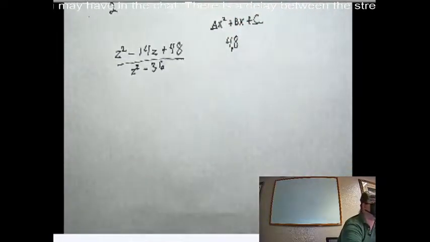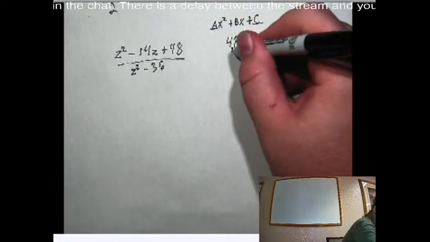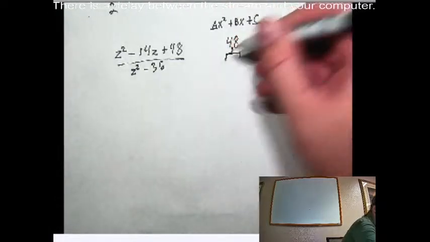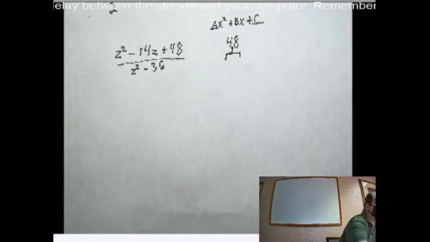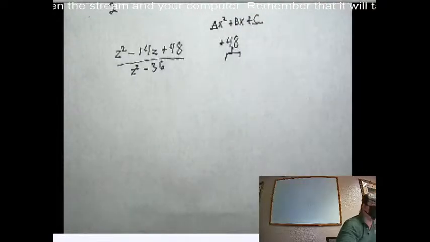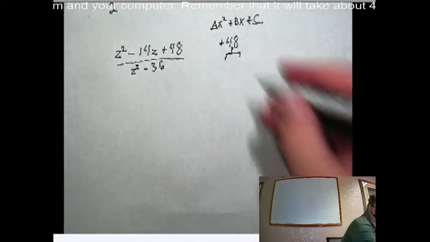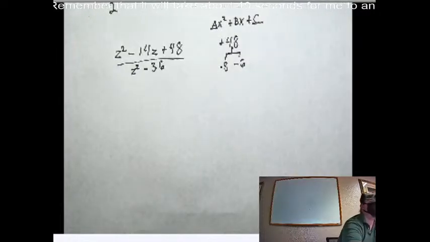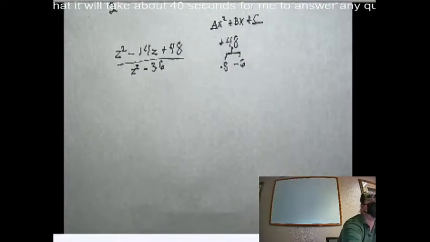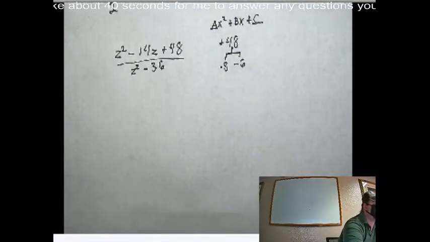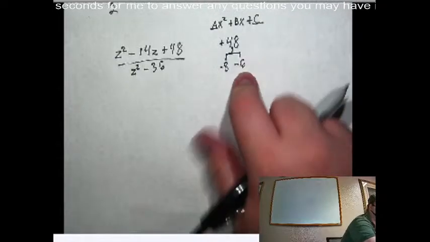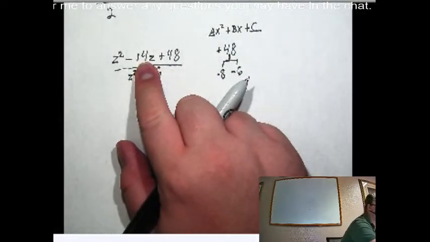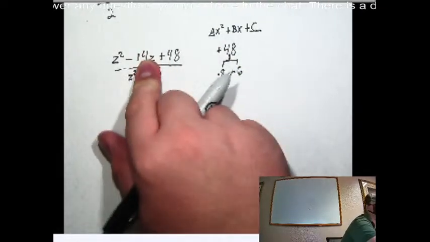Then AC tells us to take this number and find pairs of numbers that will multiply to get it. And we want a positive 48. Negative 8 and negative 6 will indeed multiply to get positive 48. And will they combine to get negative 14? Yes. So that's our goal here.